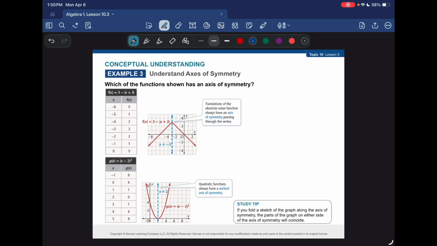So looking at our table for f of x right here and the graph, we can see that there is a line that can divide the graph in half, and we can reflect over that line of symmetry and match each part of the graph up with each other. If I wanted to move this over here, it would perfectly line up.